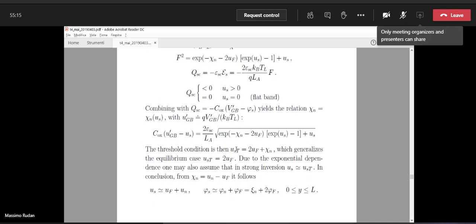So this is the generalization of the threshold condition with respect to the equilibrium case. You remember, in the equilibrium case, the threshold is when US is equal to 2UF. In the non-equilibrium case, the threshold is given by 2UF plus chi-n.